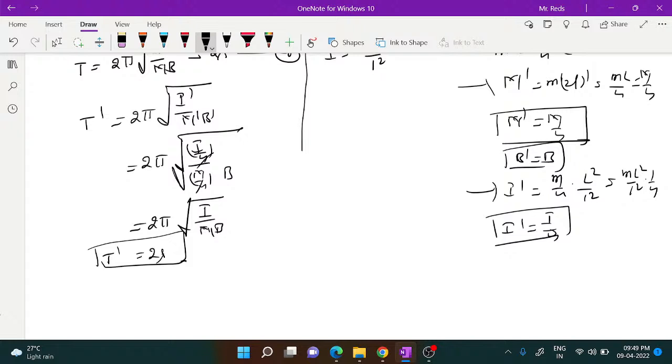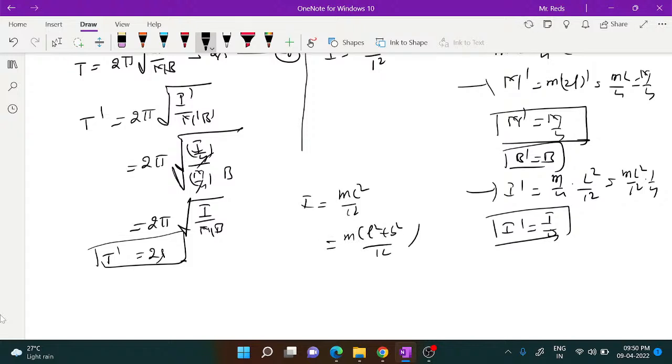So here you have to consider that I is mL square by 12, which I have taken, right? Actually it is supposed to be m into L square plus b square by 12.